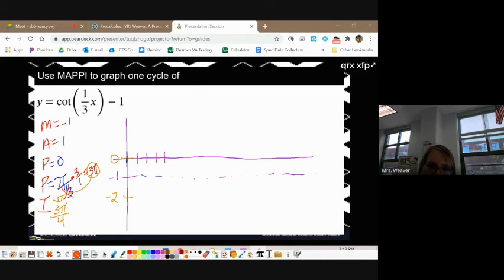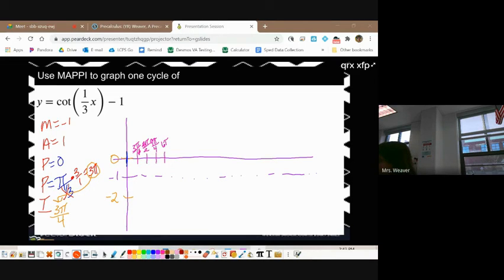Again, I tried to keep them closer together to make it easier to draw the shape. So starting at 0, we'll get 3 pi over 4, 6 pi over 4, which simplifies to 3 pi over 2, 9 pi over 4. That's really messy. 12 pi over 4, which simplifies to... wait, no, 12 pi over 4 simplifies to 3 pi.